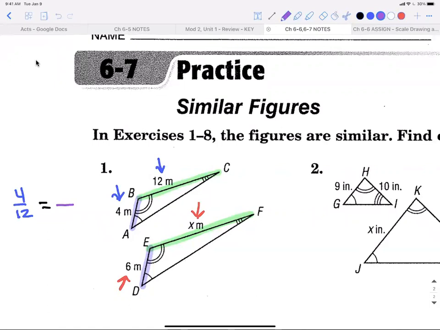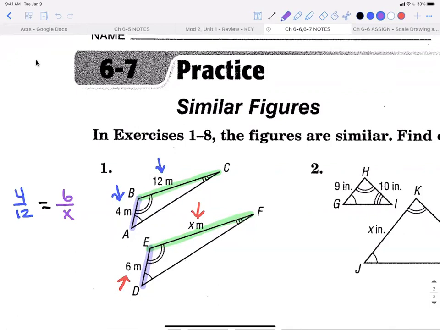Look at the other triangle and what side is the same side, and that would be 6, right? So the 6 goes on top. And then looking at the bottom of the fraction, we got from the smaller triangle a 12. From the matching side, which is the same side of the shape, we have an X because that's unknown. So that's what we're solving for.